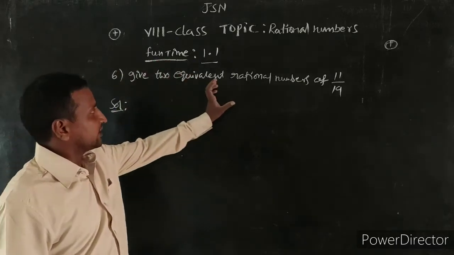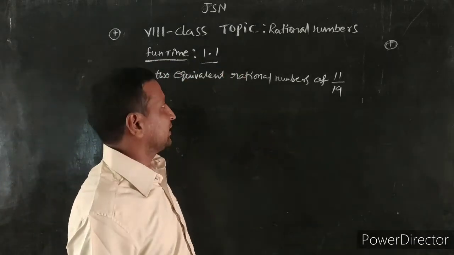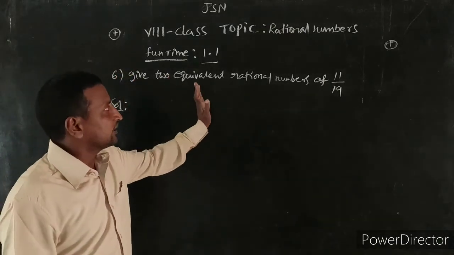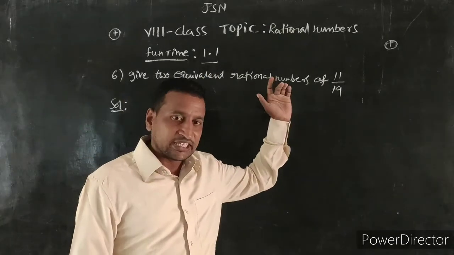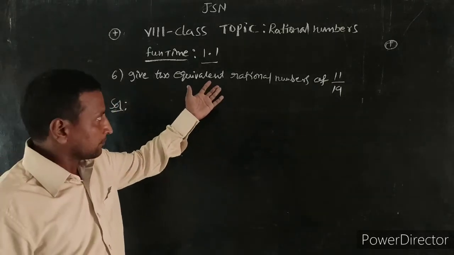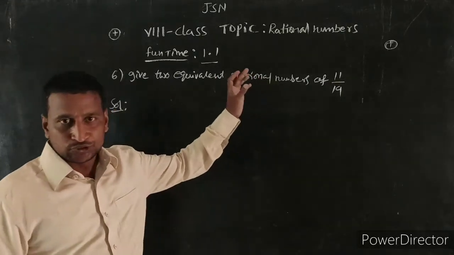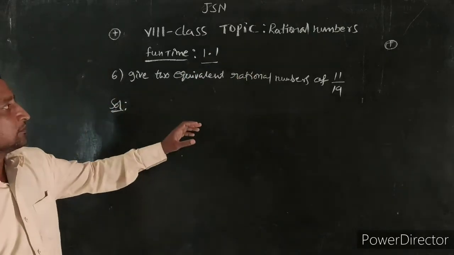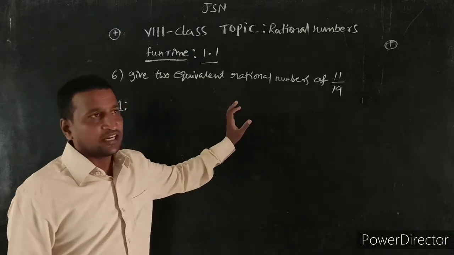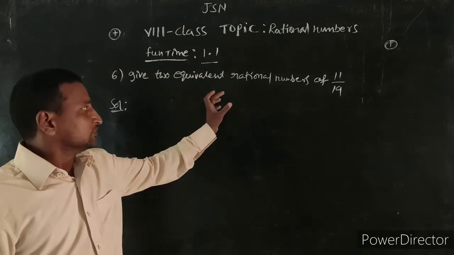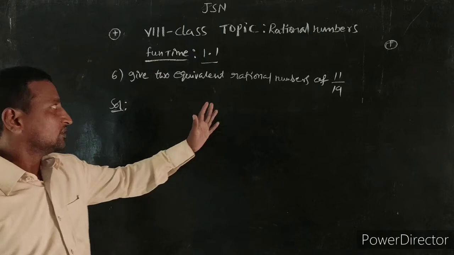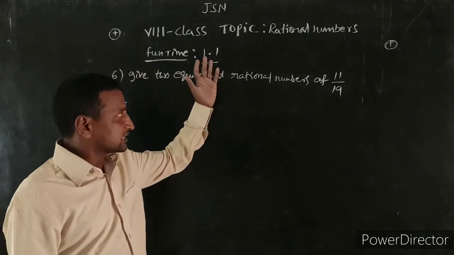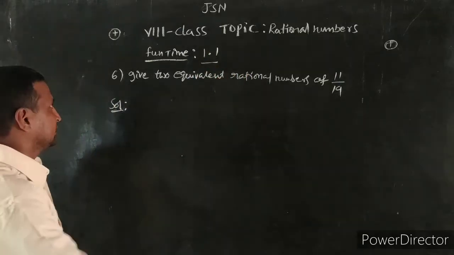Okay, give two equivalent rational numbers of 11 by 19. We can find infinite equivalent rational numbers for any rational number by the multiplication of numerator and denominator with the same number, or by dividing numerator and denominator with the same number. But we require two equivalent rational numbers of 11 by 19.